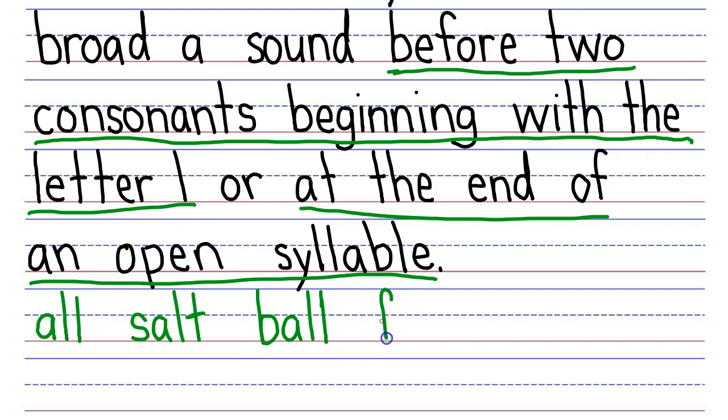F that says f, A that says ah, LL that says l. F, ah, l. Next word, halt. H that says h, A that says ah, L that says l, and T that says t. H, ah, l, t, halt.